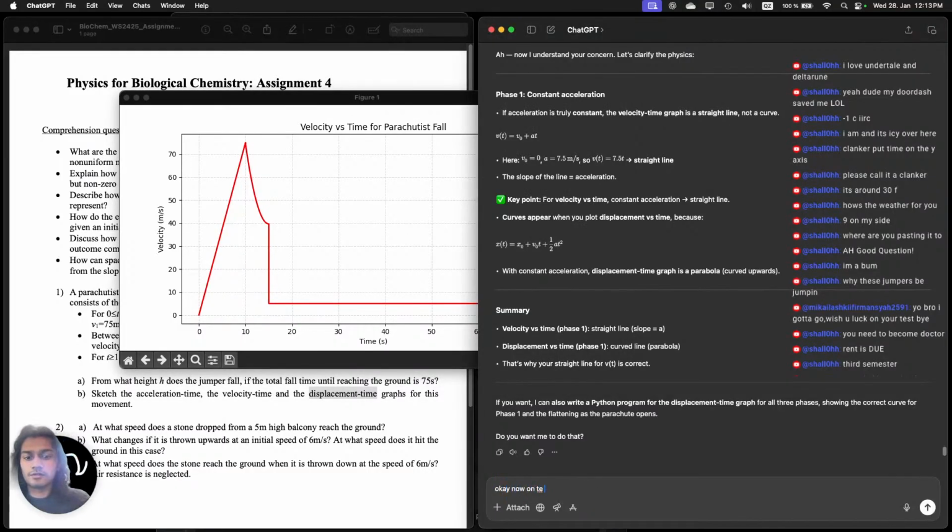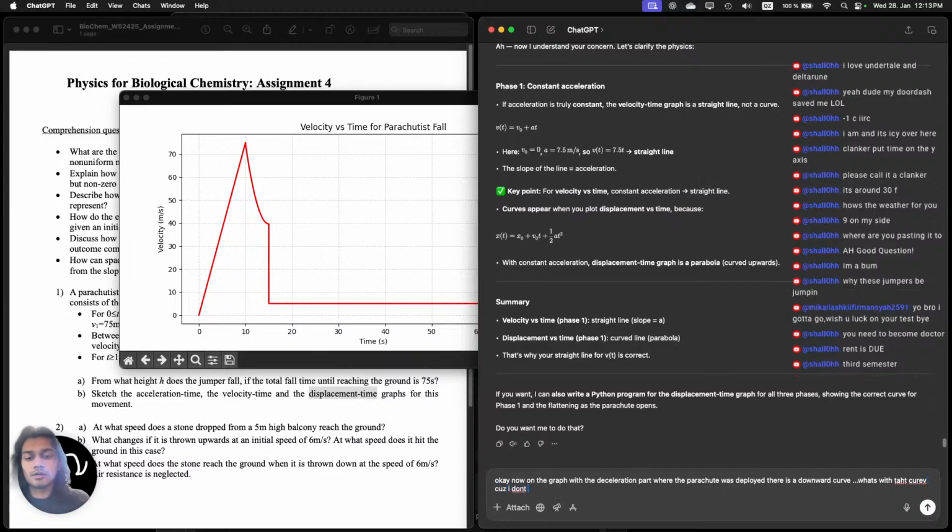Now on the graph, once the parachute is deployed, there is a downward curve. What's with that curve?